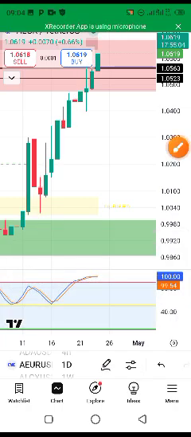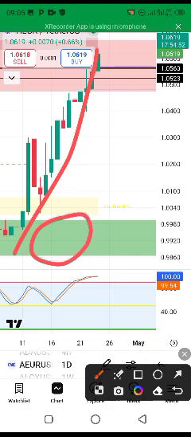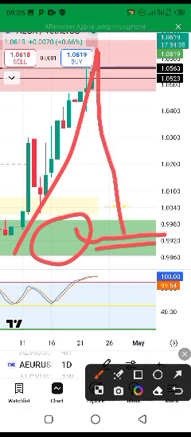So if this scenario happens, it means when the market pushes up, at this order block here, many buyers, the smart money, are waiting for the market to come back to this area and enter a trade. So the market will come back to here.